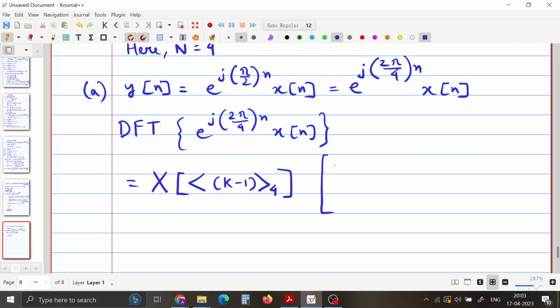So since y is this, let me write the property. Which property have we used here?